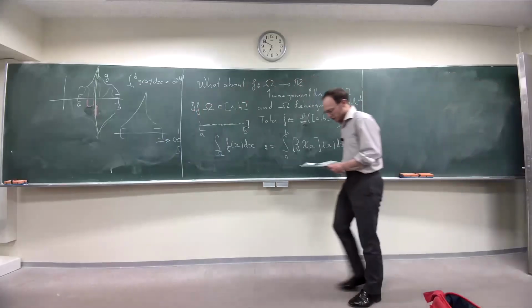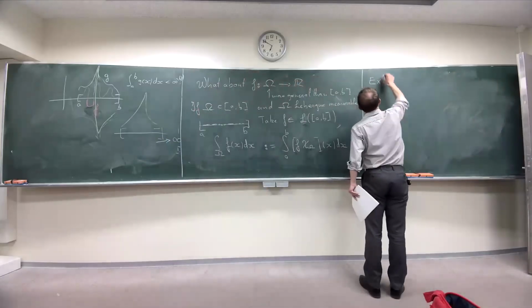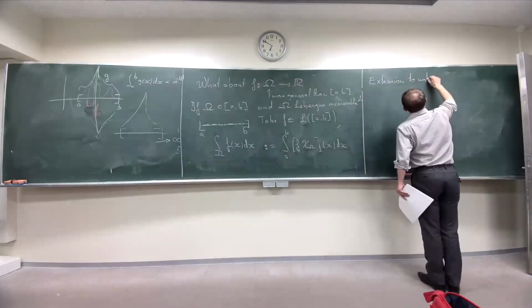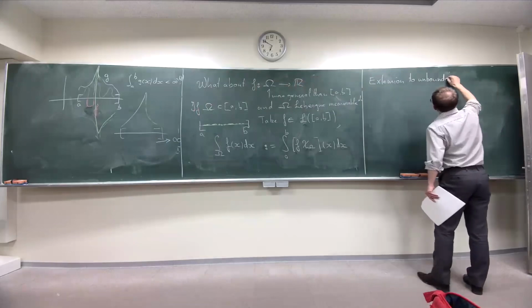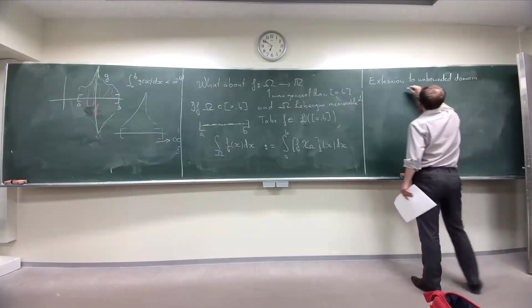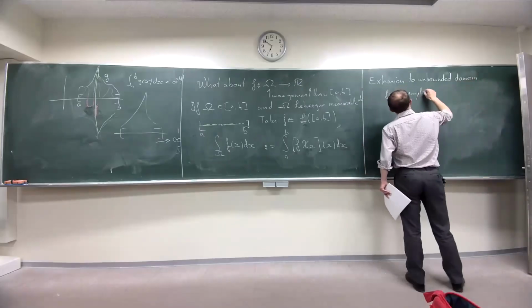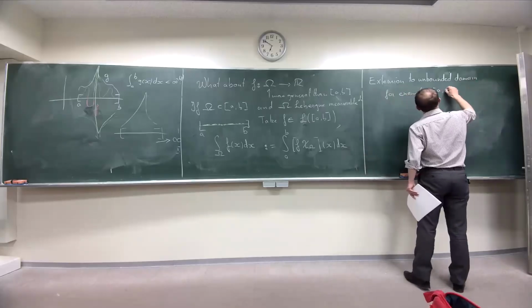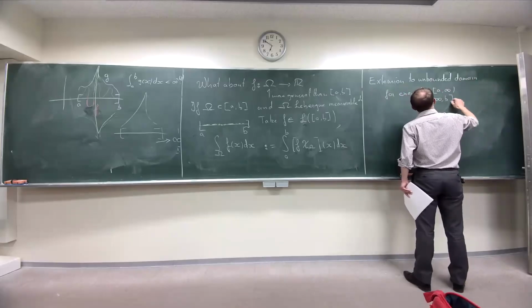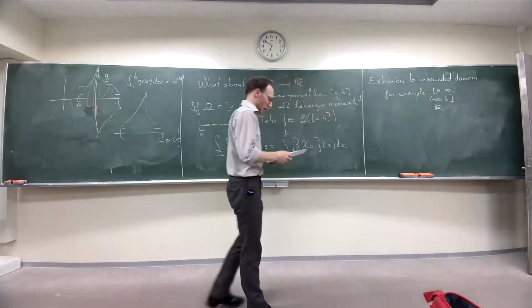Of course, if you have any question, you can always interrupt me. So, extension to unbounded domain. For example, either A to infinity, or minus infinity to B, or even the entire line. How do we do it?